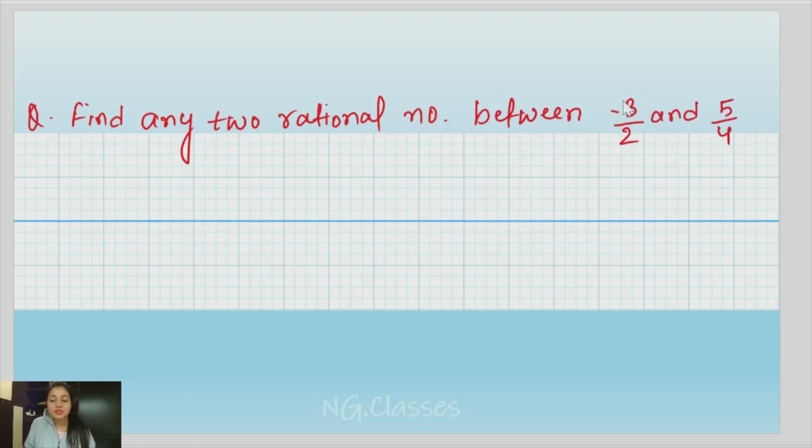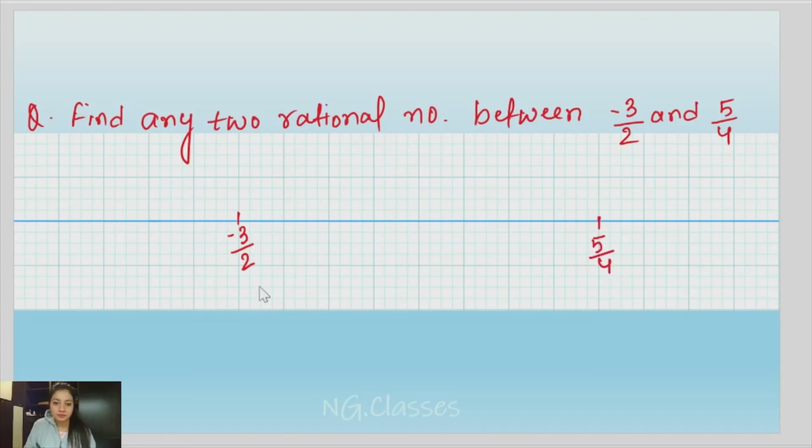So between these two given rational numbers, we need to find any two rational numbers. Suppose I am taking this one as minus 3 by 2, and here I am writing 5 by 4.